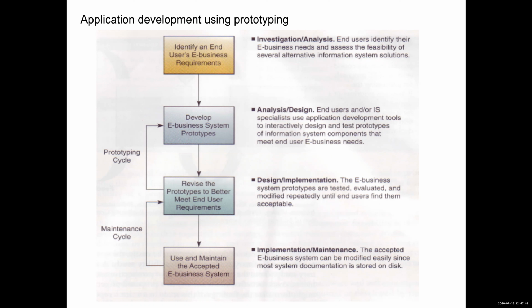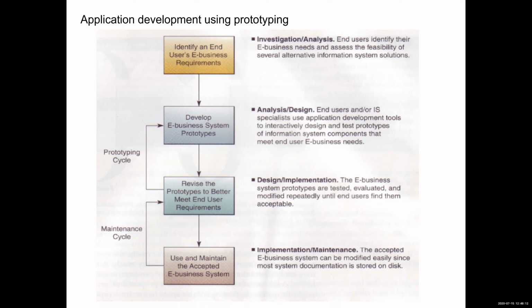So you see the prototype cycle, it goes back to the develop, and then it comes to revise until it fits in. So at the point when you have to design or implement, the e-business system prototype are tested, evaluated, and modified repeatedly until the end user finds them acceptable.